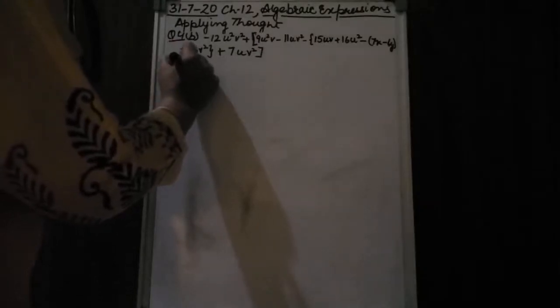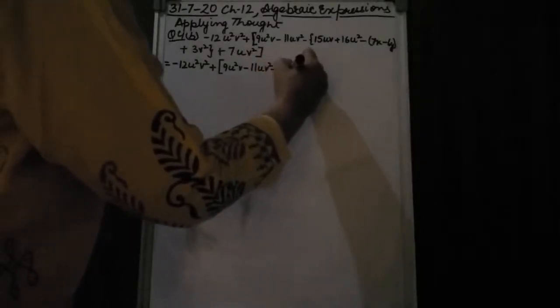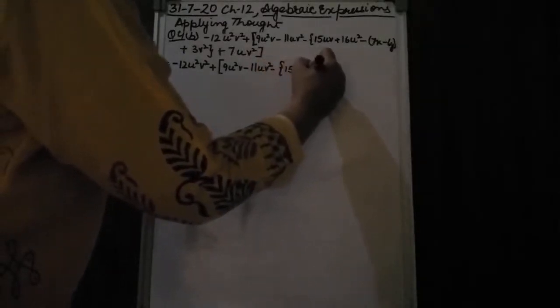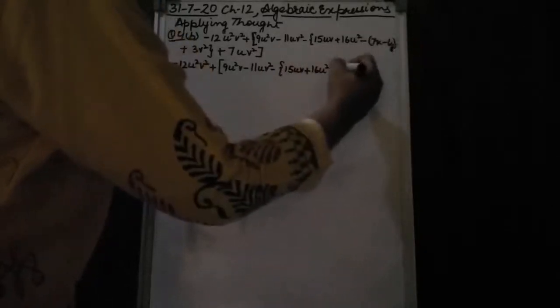Is this clear? Now first open the small brackets. Minus 12 u square v square plus 9 u square v minus 11 u v square minus 15 uv plus 16 u square. Now this is the small bracket.